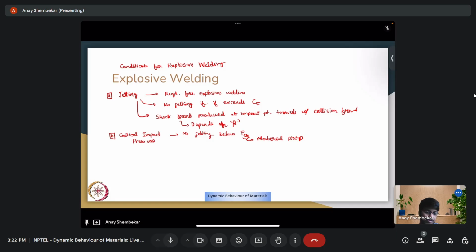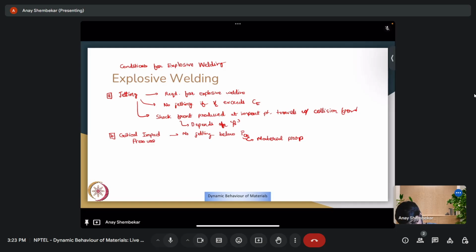From Bernoulli's equations, we can find the pressure for hydrodynamic flow, which will be nothing but half of rho times Up squared, and substituting the particle velocity Up with velocity Vp that we have here for the plate, you can get an equation of sorts.